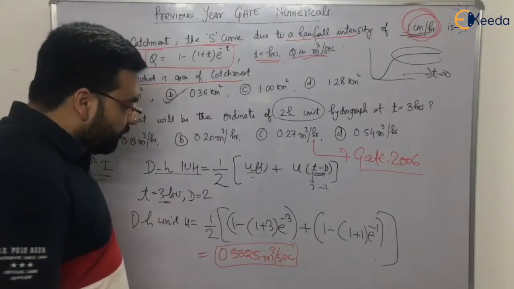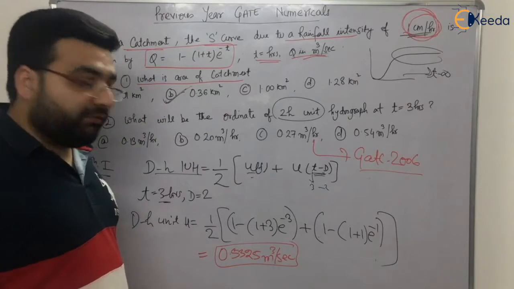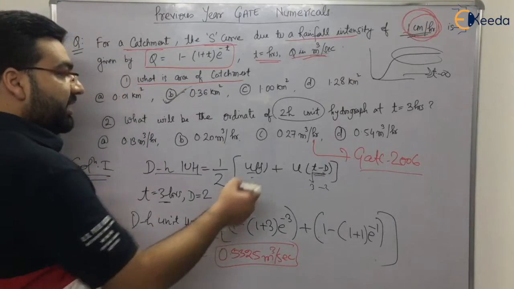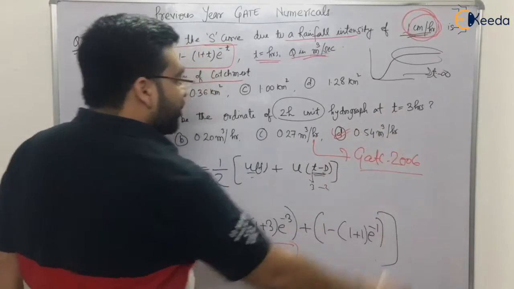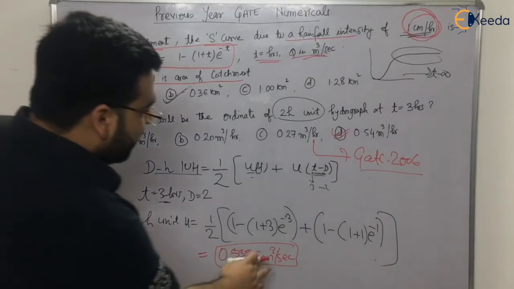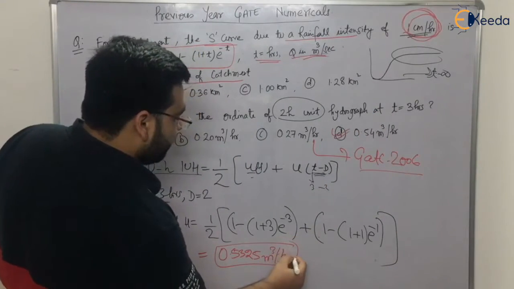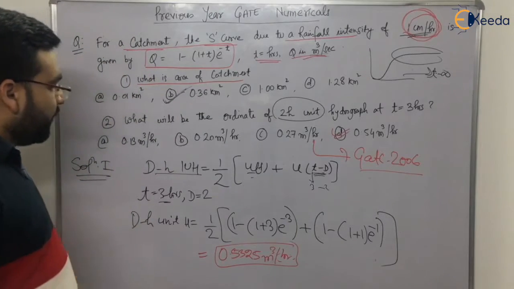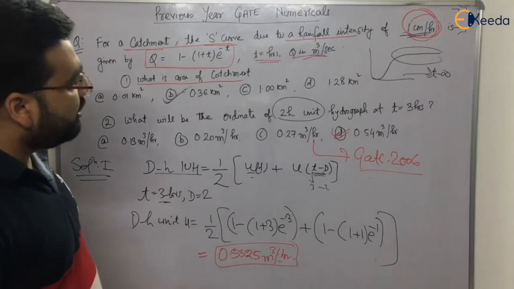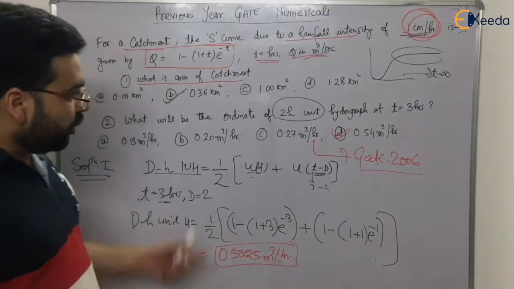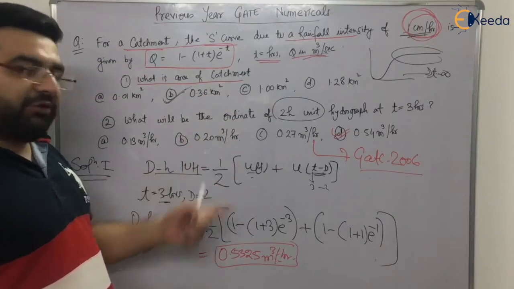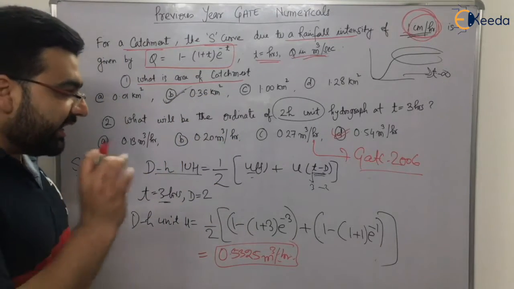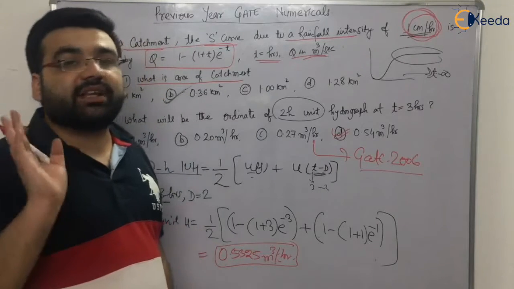So it comes out to be 0.5325, right? Which means that the most appropriate answer is 0.54 meter cube per hour, right? Okay. So I hope that you have understood this numerical which came in GATE 2006, right? So if you know the concept, 2 plus 2, 4 marks were done for you, right? And in GATE examination, even a single mark is very important.